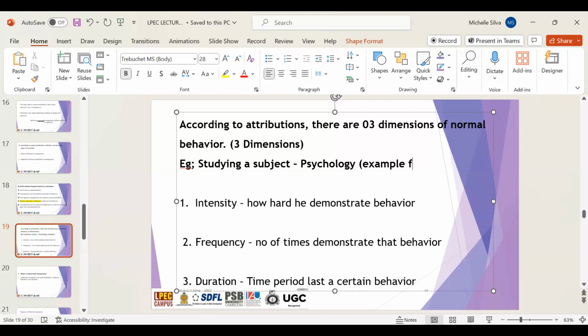When we talk about studying a subject, psychology, it's an example for behavior. When we talk about this behavior, the intensity is how hard you demonstrate it.